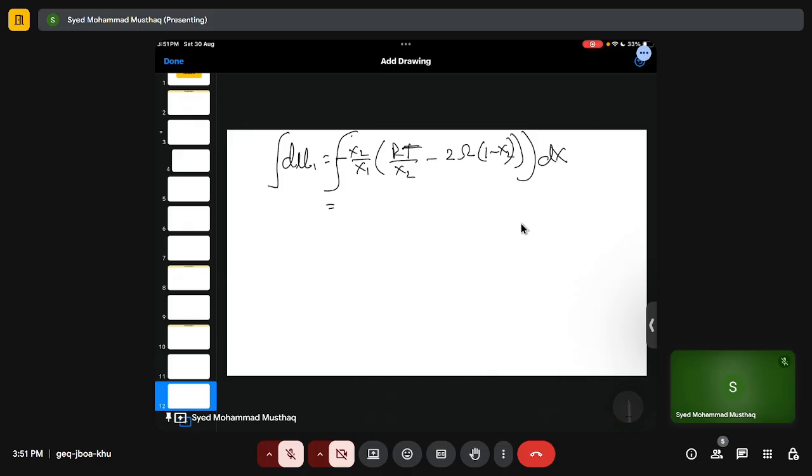x2, x2. So multiply this, right? So it will become minus RT by x1 minus 2 mu. x2 will get cancelled, x1 will get cancelled, so this will be plus.